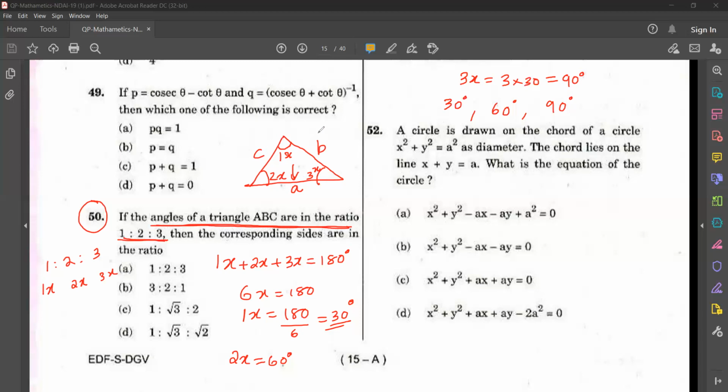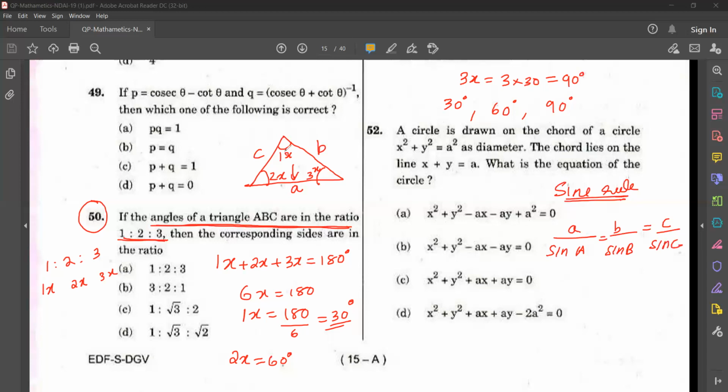What is the relation between sides and the sine of the angle? A by sine A is equal to B by sine B is equal to C by sine C.